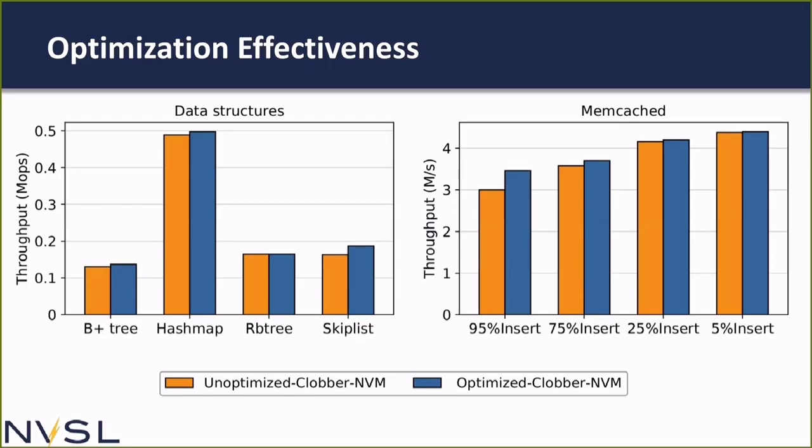On the memcached workload, the one consisting of 95% insert and 5% search requests improves the most. The improvement is up to 15%. As can be expected, the avoided Clobber log entries are on the write request path. The unoptimized version incurs up to 32% more Clobber log entries and 47% more bytes.